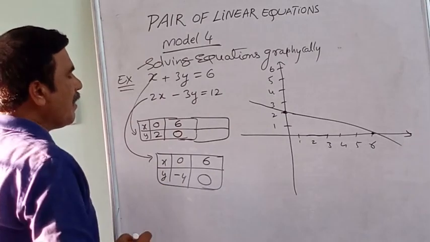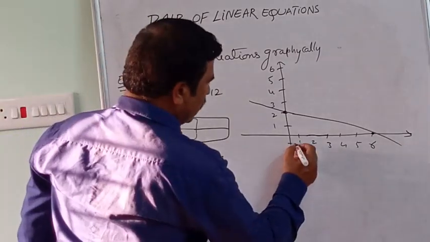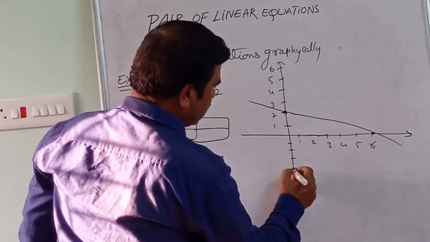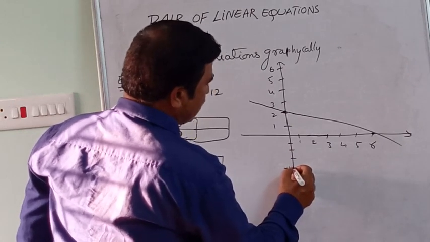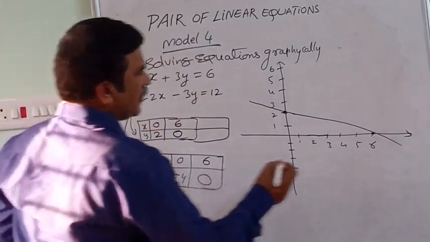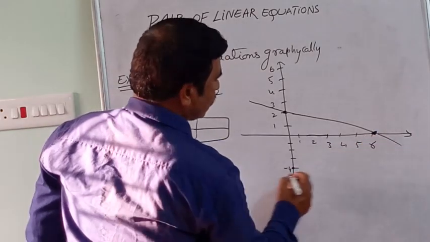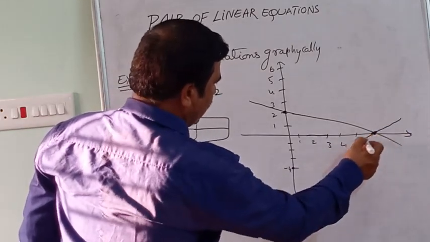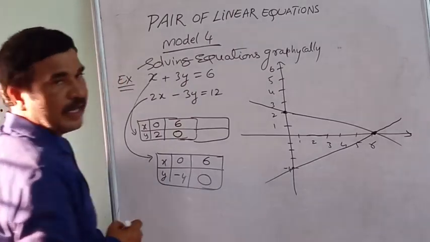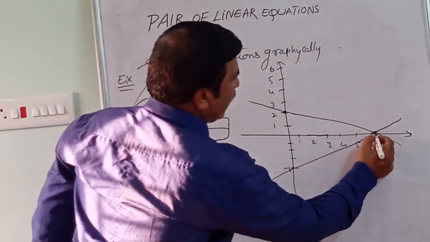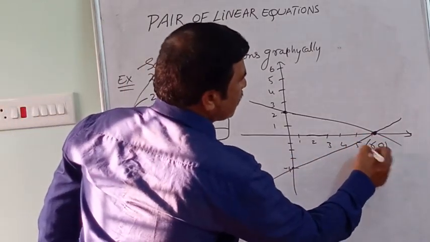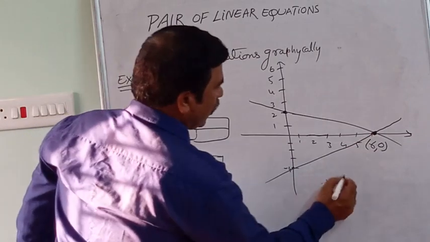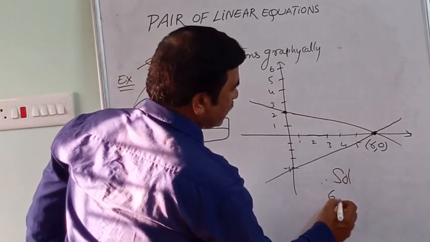Now 0 comma minus 4, 1 2 3 4, this is the minus 4, the point is 0 comma minus 4. 6 comma 0 is the same. If you draw this line joining these two, another straight line, both will meet here at 6 comma 0. Therefore the solution is 6 comma 0.